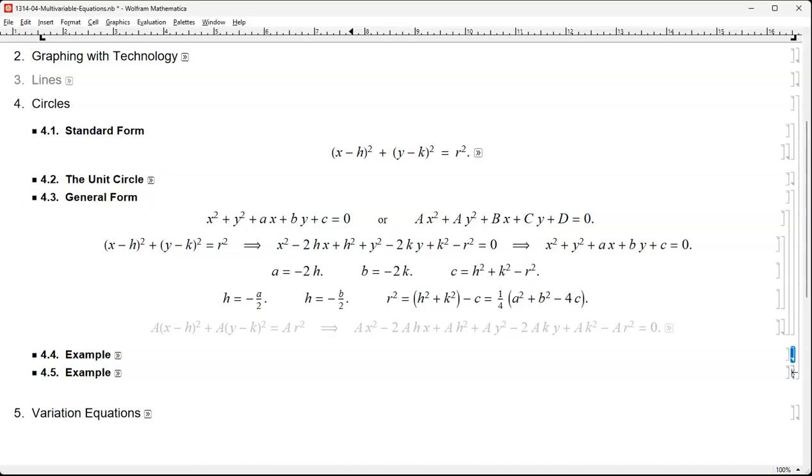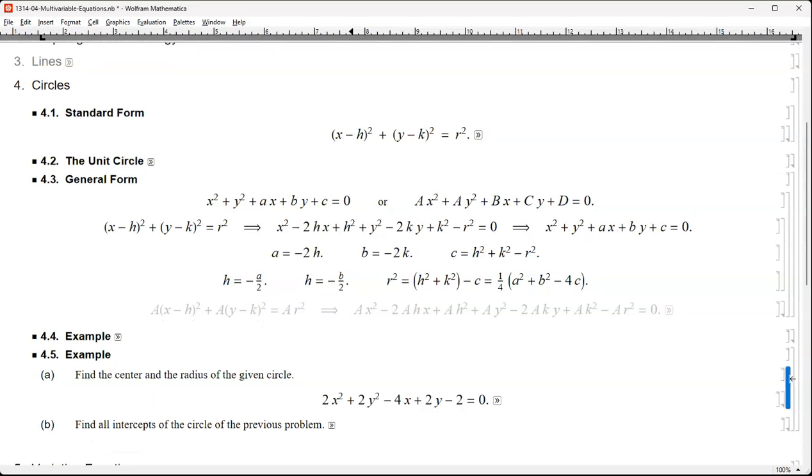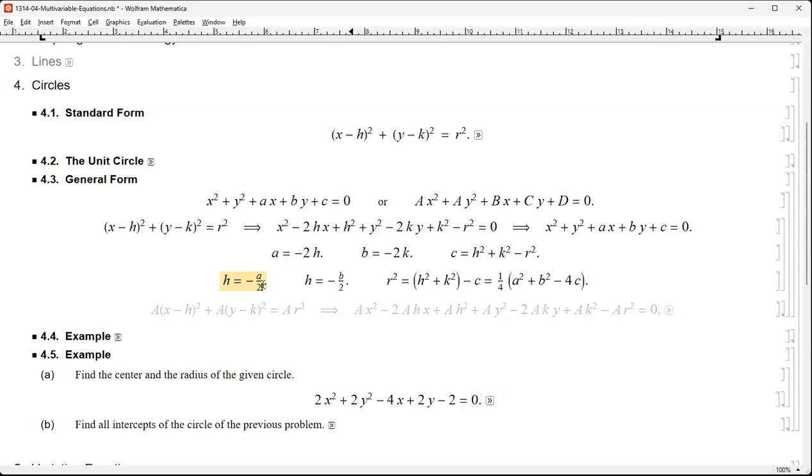Let's see, how about the next example problem? Find the center and the radius of the given circle. Okay, alright. That's why I kept this formula method open. You're going to use this h and this k, sorry about that, this k and this r formula.